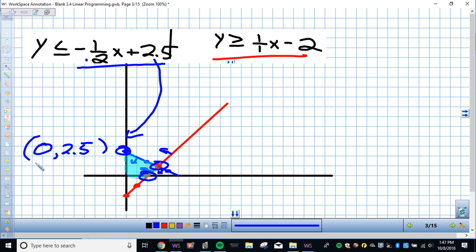Then we have an ordered pair at 3, 1. And lastly, we have an ordered pair at 2, 0. So we are going to use these three corners of the feasible region. We could use 0, 0, but if I'm maximizing something, obviously that's not going to be the choice. So I'm just not going to do that one.